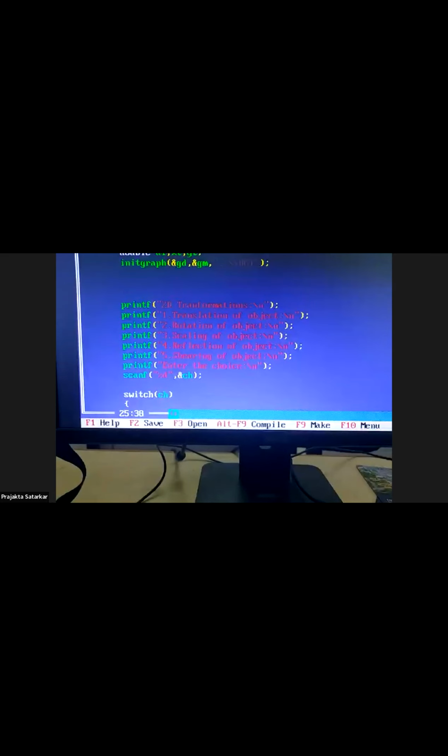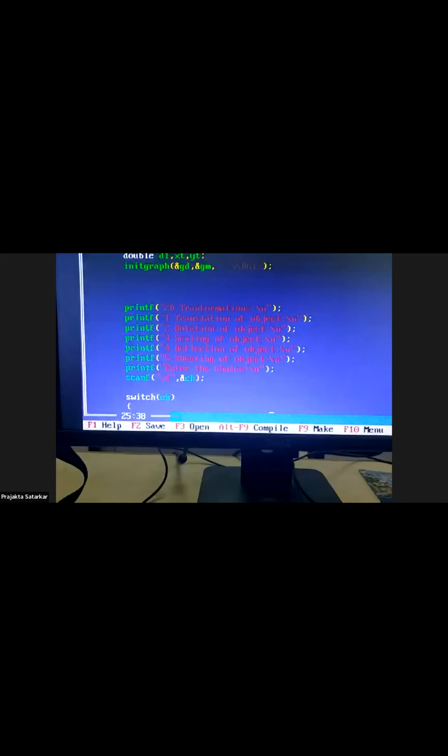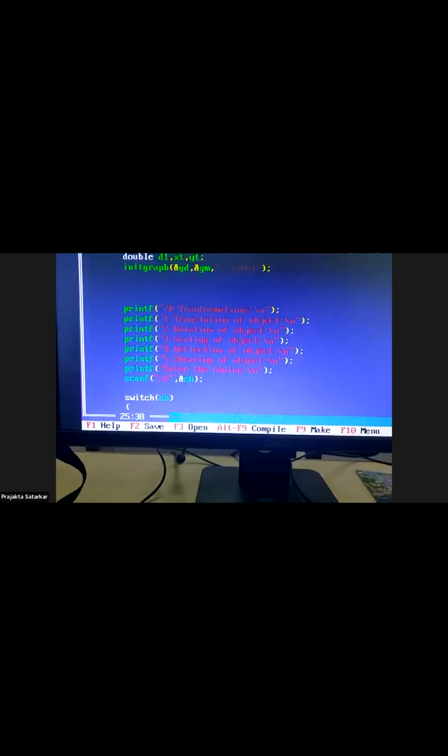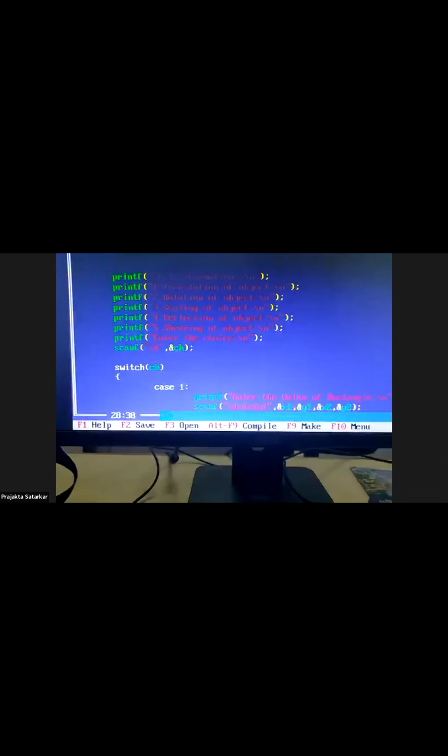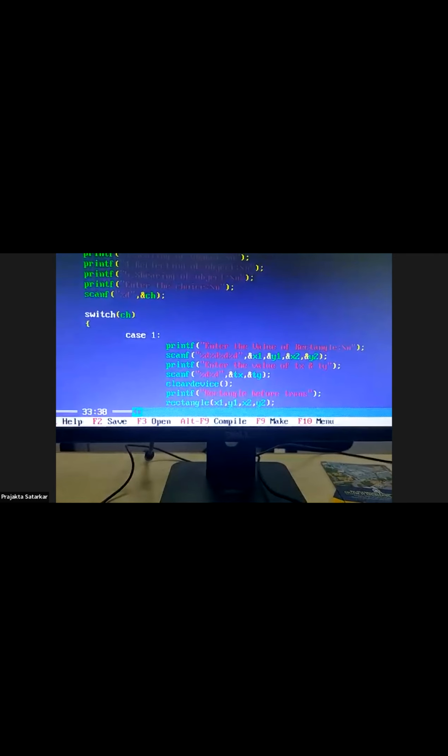So enter the choice. Depending upon the choice, the switch case is called. In switch case 1, we have studied just now, the case of translation. So enter the value of the rectangle.